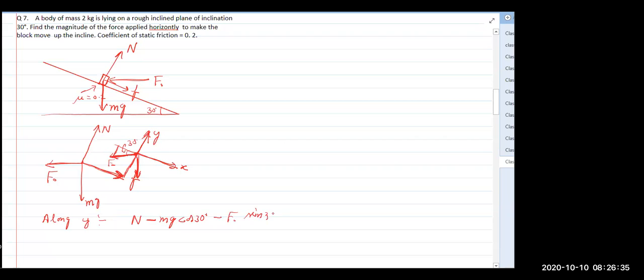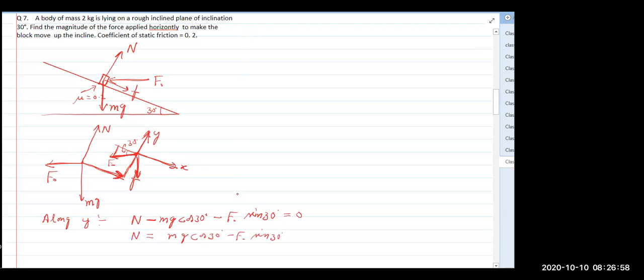This is also along negative y direction. You can see that mg cos 30 is along negative y direction and f naught sin 30 is also along negative y direction. So you can write N minus mg cos 30 minus f naught sin 30 equal to 0, because along y direction there is no acceleration. So this is the equation.